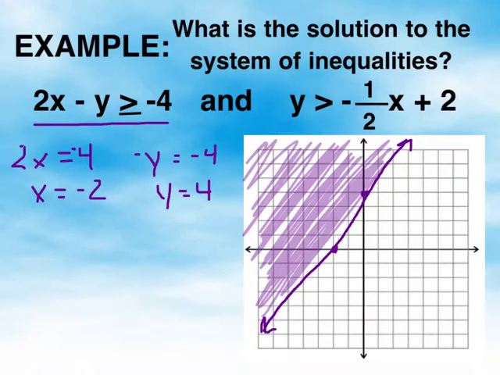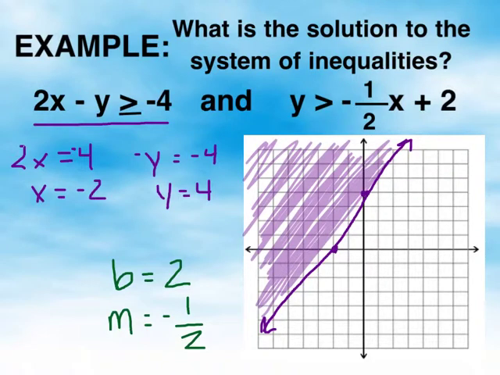My second line is in y equals mx plus b form, so I will go ahead and start. Let me get my pencil here. In my second equation, my b or my y-intercept is 2. My slope, or my rise over run, is -1/2.